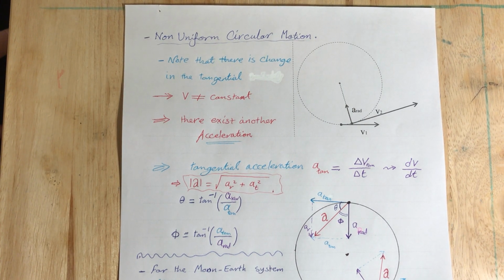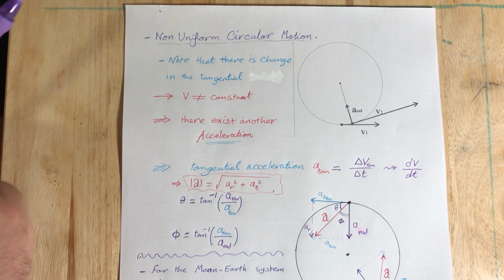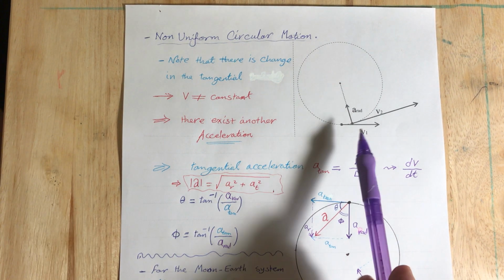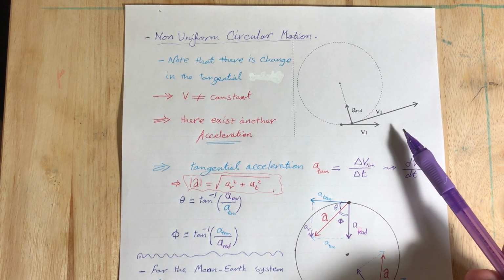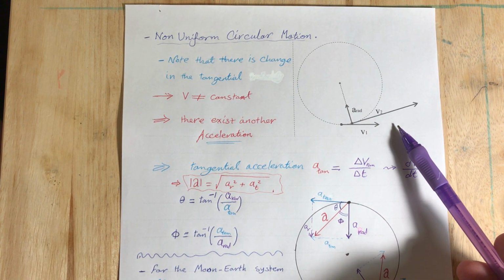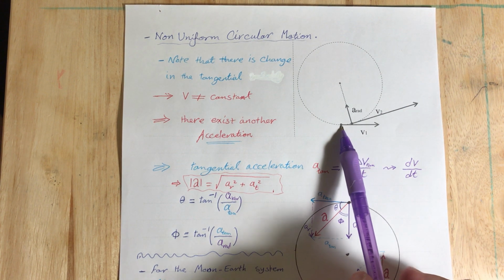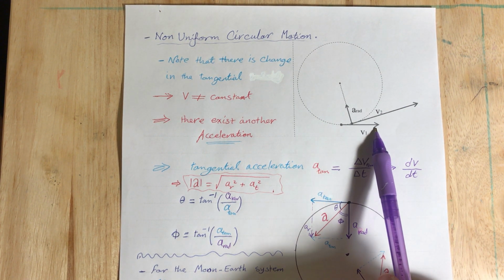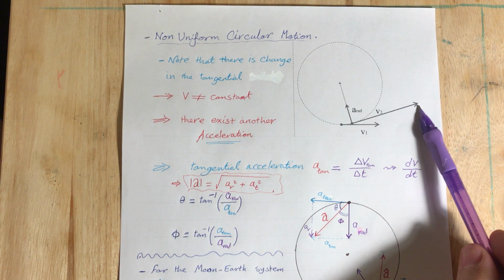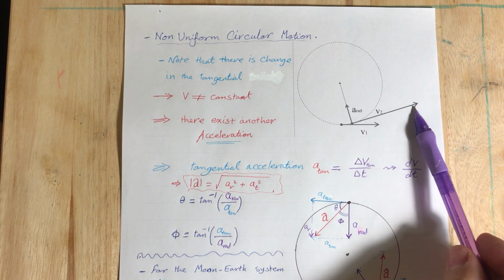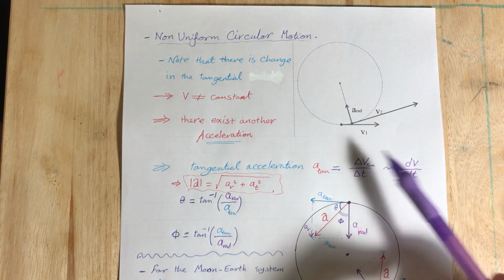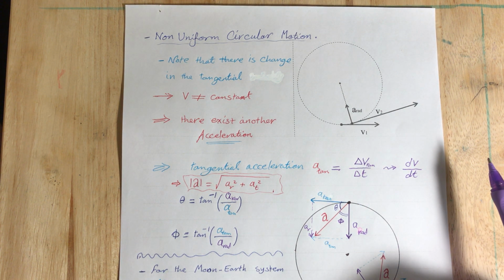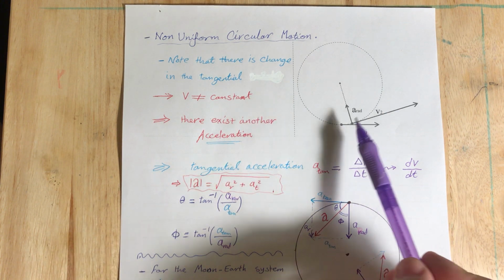Okay, now what is the non-uniform circular motion? When we have a change in the speed, then we have non-uniform circular motion. If we have initially v1 and then we have v2, which is another speed, maybe more or less than v1, the speed is not constant.